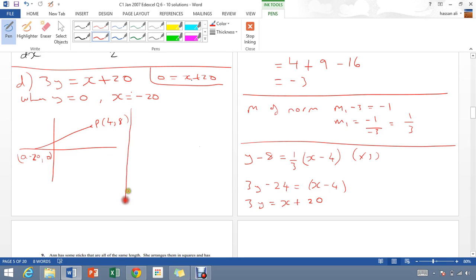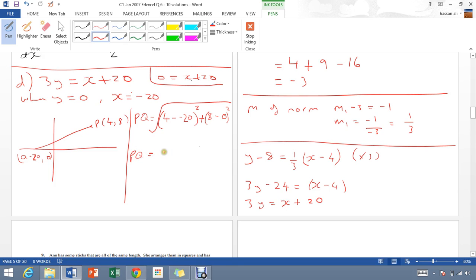The way we do it is that we just take away our coordinates. So the length PQ will equal 4, the x coordinate, minus minus 20, squared, add 8 minus 0, the y coordinate, squared, and then we square root all of that. Remember they want it in surd form, and you're not allowed to use calculators in your C1 exam.